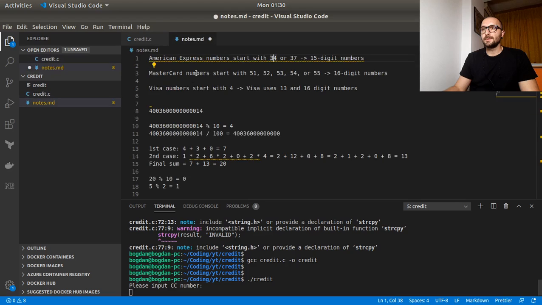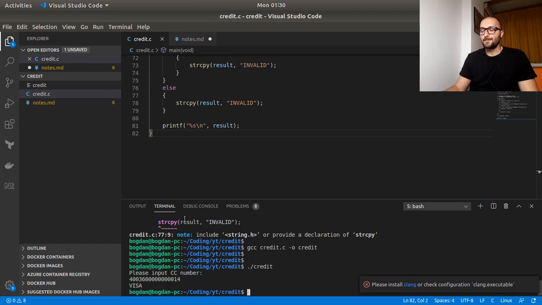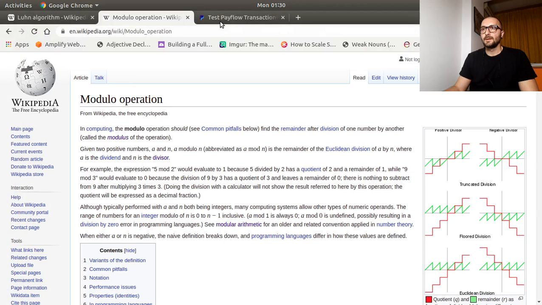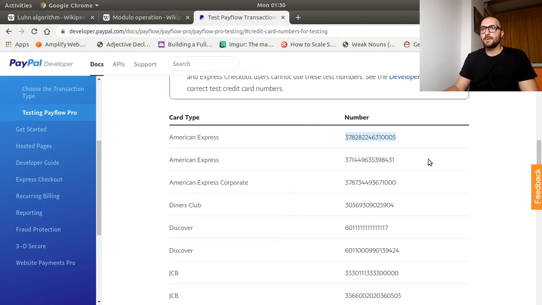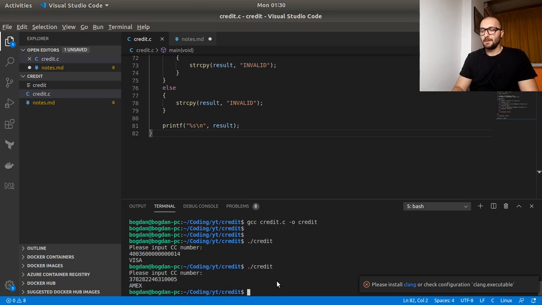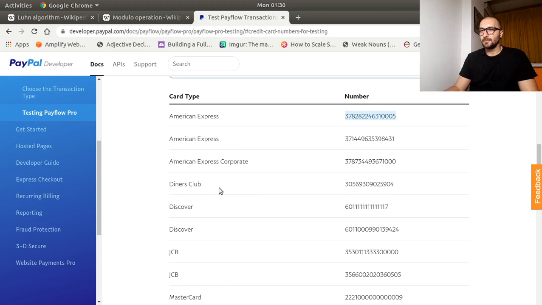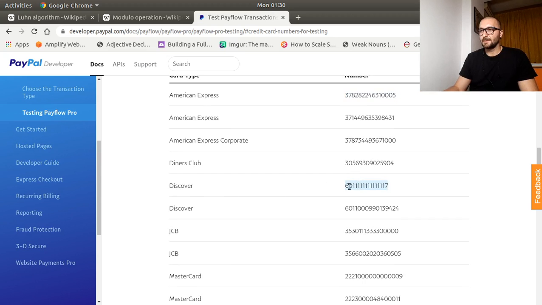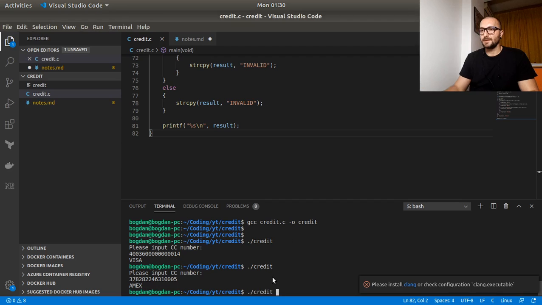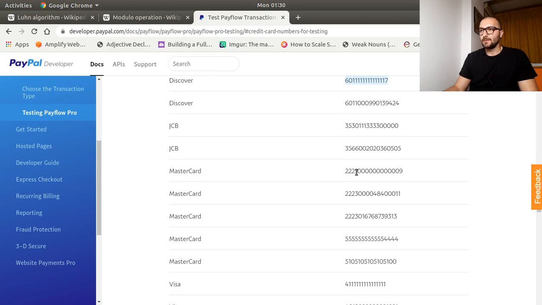Credit, so let's get our initial number. So here, okay, it says Visa. We have a few more here from PayPal, so let's get American Express, for example. Amex, nice. Let's get one that's not in one of our cases. Starts with 6, as you can see. Invalid. Okay. We're not using this case with 2.